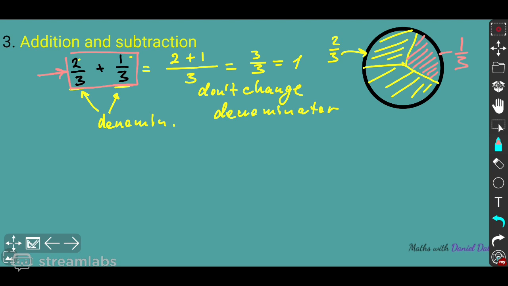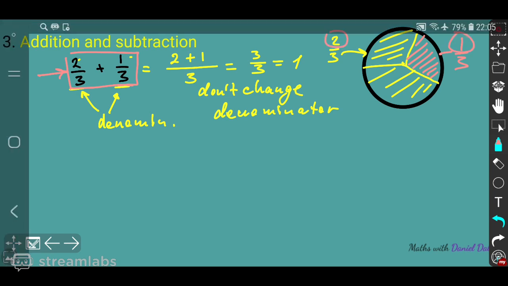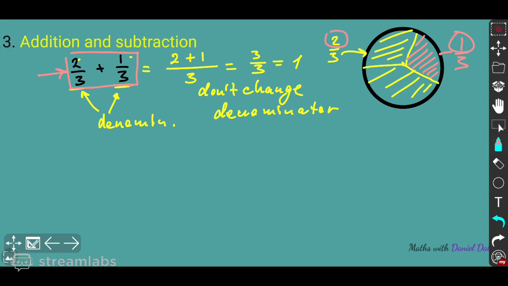So what are you going to do? You're going to just add the tops of the fractions. You take 2, you take 1 and add them up. When you have the same denominators, that's not the problem. In a similar case, let's practice with subtraction. 2 over 3, you subtract 1 over 3.